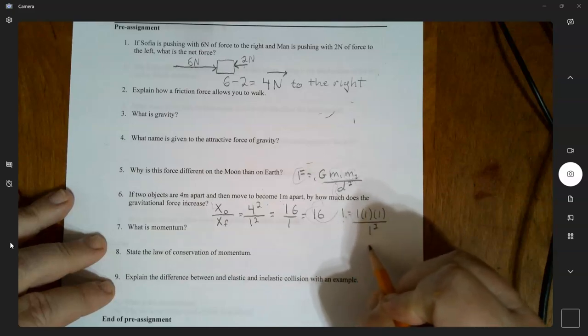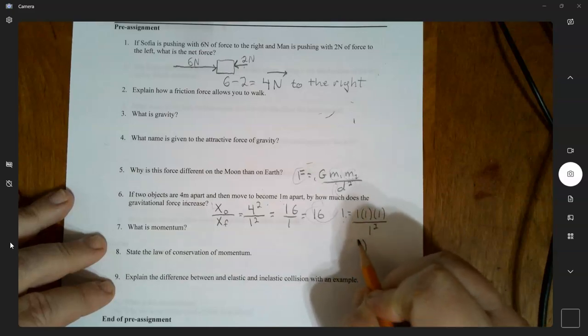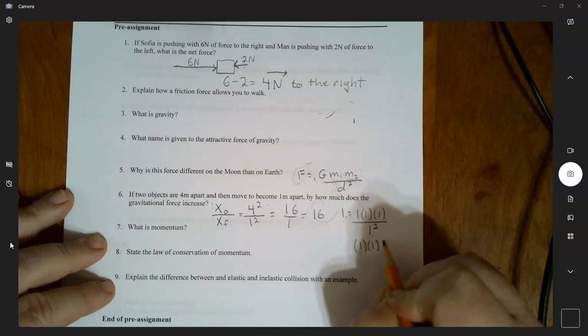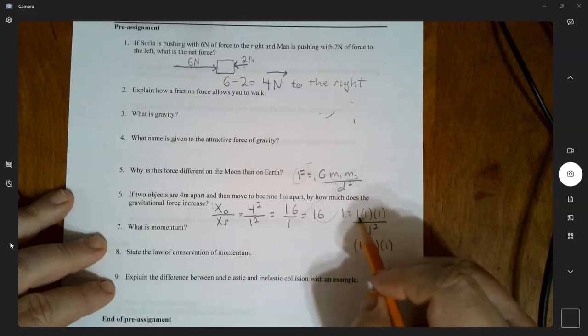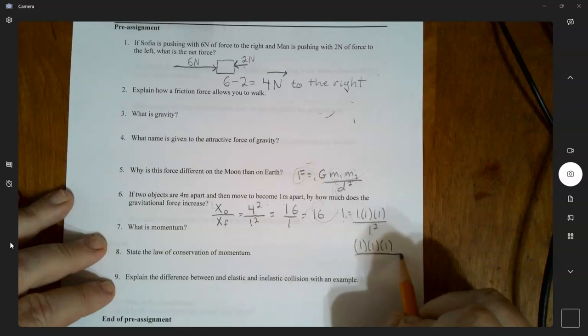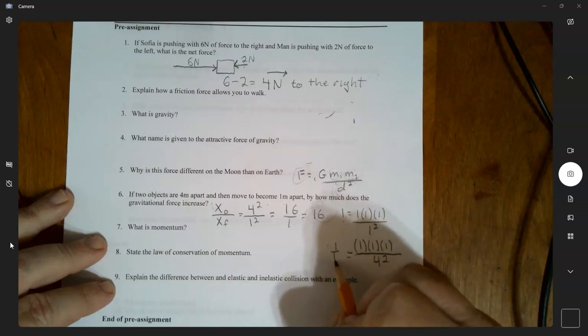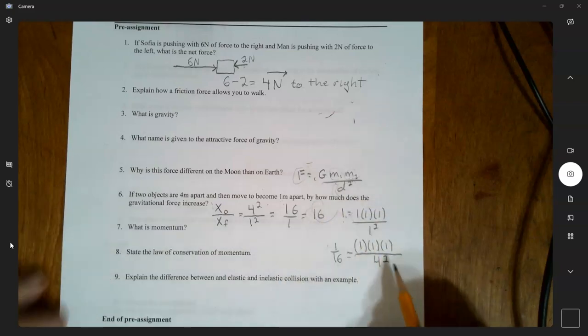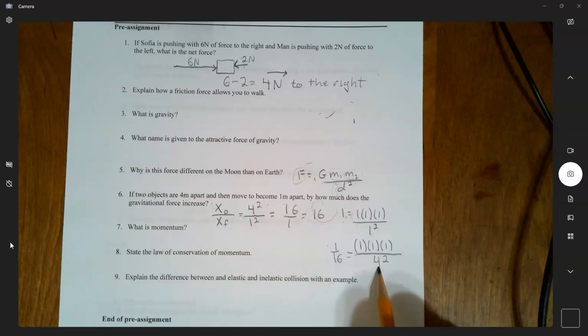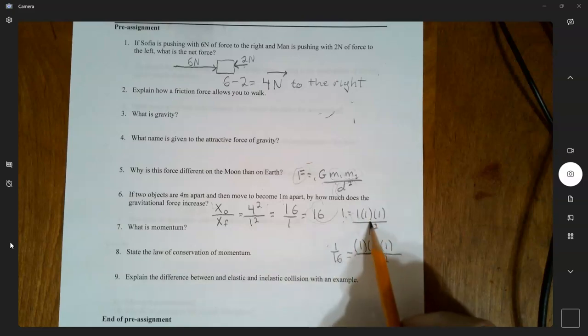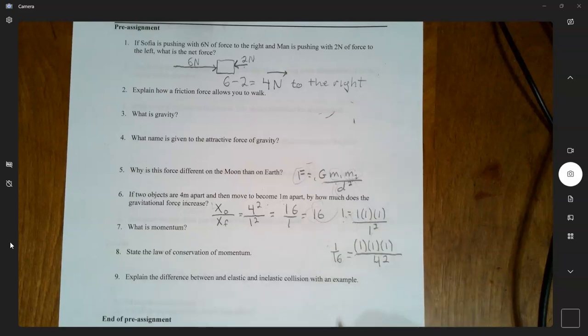We keep the masses at 1 and the G at 1. Again, we're just making up simple numbers, and we make this 4 squared. That would equal 1/16. So at the further distance, the 4 meter distance, the gravitational strength is going to be 1/16 of this right here. So that gives you the same answer.